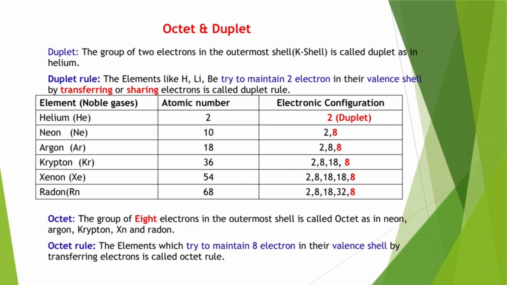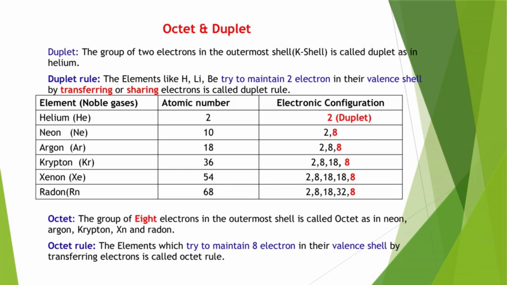We already know what electronic configuration is and how it is done on the basis of shells and subshells. In the table, I have written the electronic configuration of those elements whose last orbit is completely filled according to the rules, having 8 electrons. In the case of helium there are 2 electrons in the K shell itself, and the K shell having 2 is stable.